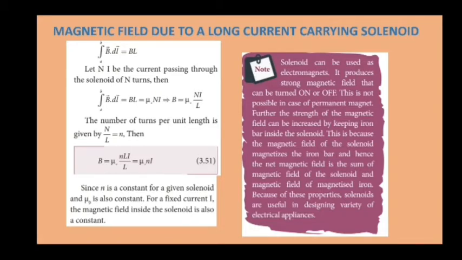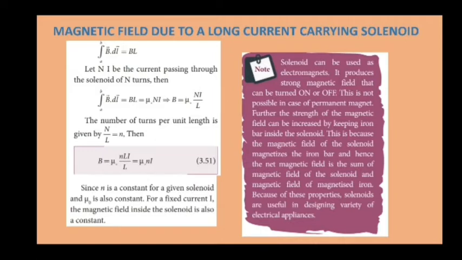Let I be the current passing through the solenoid of N turns, then integral of A to B B vector dot dl vector is equal to BL is equal to mu 0 NI, that is B is equal to mu 0 NI by L. The number of turns per unit length is given by N by L is equal to n.